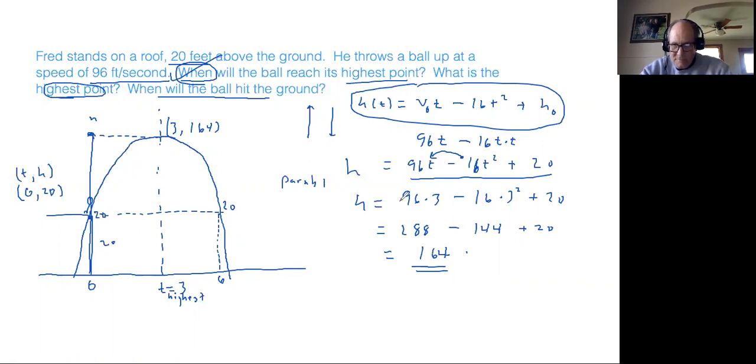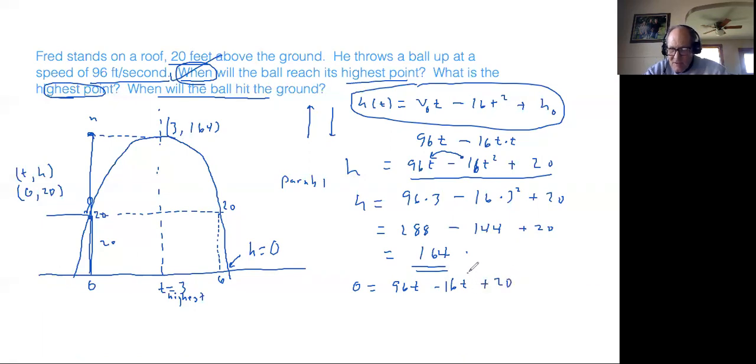Now, when will the ball hit the ground? Well, what's h when it hits the ground? That's this point right here. H equals, obviously, 0. So all we have to do is plug in 0, and here we've got 0 equals 96t minus 16t squared plus 20.